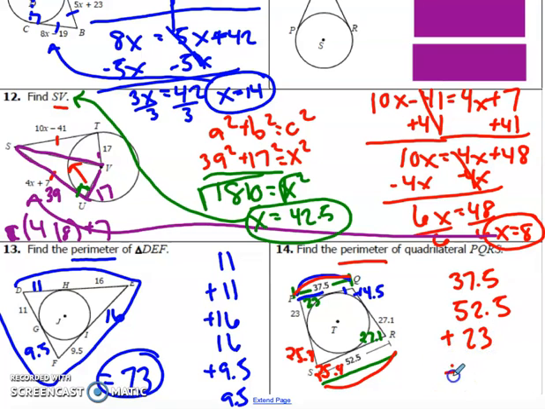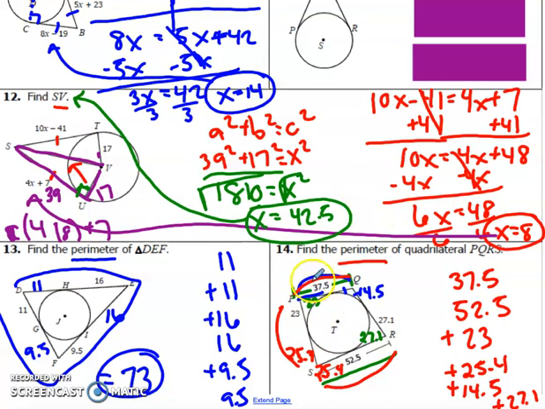Plus 23 and plus 25.4 for this side. And now I have this side, which is 14.5, and then the 27.1. Okay, so that'll give you the perimeter.